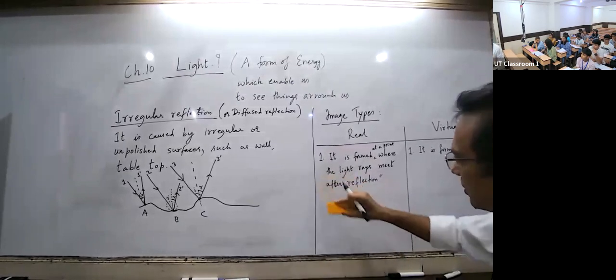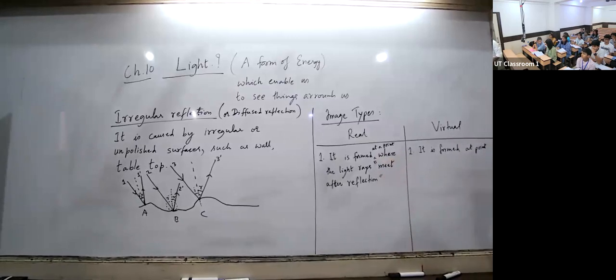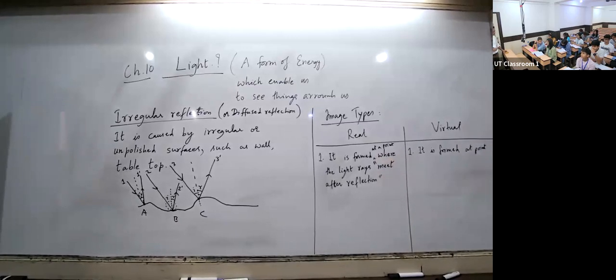So I should include meet here also. Meet after it is formed at a point. Try. If it is wrong, you write it. Behind the pillar where the light is appearing now.